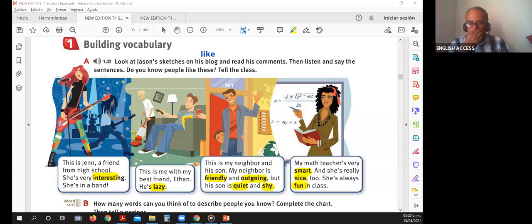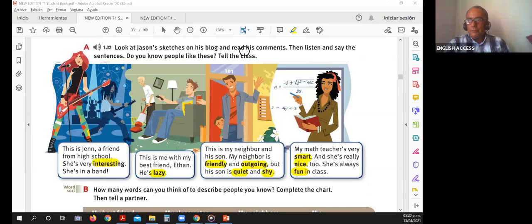People we know. 1. Building vocabulary. A. Look at Jason's sketches on his blog and read his comments. Then listen and say the sentences. Do you know people like these? This is Jen, a friend from high school. She's very interesting.